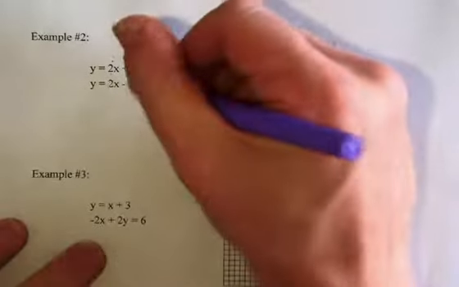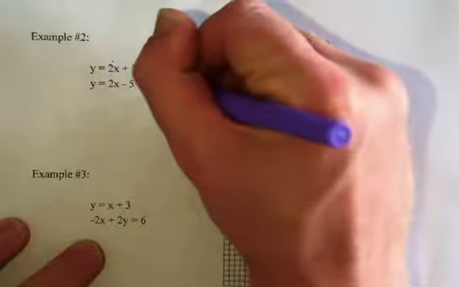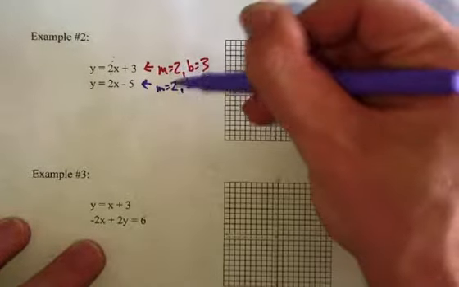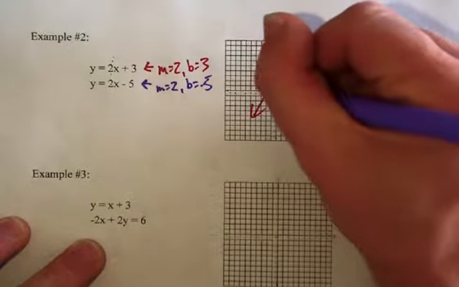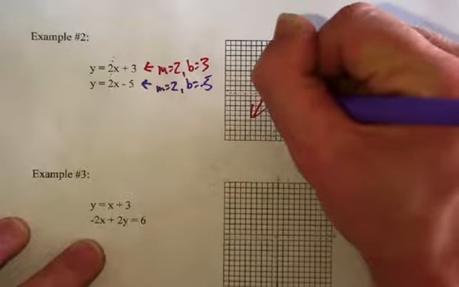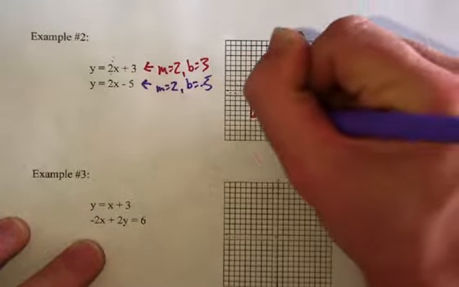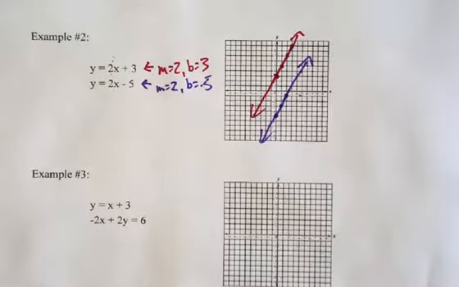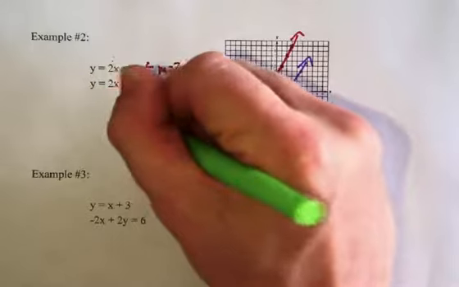We've got y equals 2x minus 5, m equals 2, b equals negative 5. You can probably see already that these are parallel lines, right? They have the same slope. Negative 5 is the y-intercept, then up 2 over 1, up 2 over 1. We graph these, and guess what? They're parallel. They never intersect, which means there's no solution.